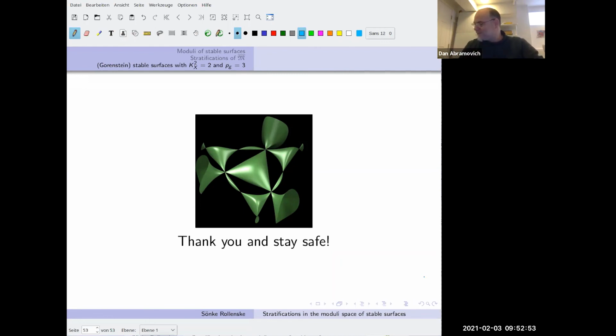So it seems that all your, I mean, Colleen and Mark and your talk seem to suggest that stable surfaces maybe are not the final answer. Maybe you want to have stable surfaces together with the data of an extension of the Hodge structure, the extension data of the limiting Hodge structure.